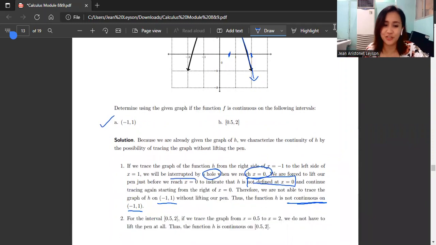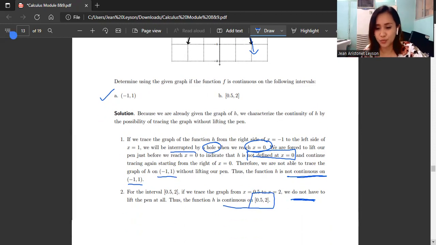The answer is very obvious. For the closed interval 0.5 to 2, if we trace the graph from x is equal to 0.5 to x is equal to 2, we do not have to lift the pen at all. Thus, the function h is continuous on the closed interval 0.5 to 2.